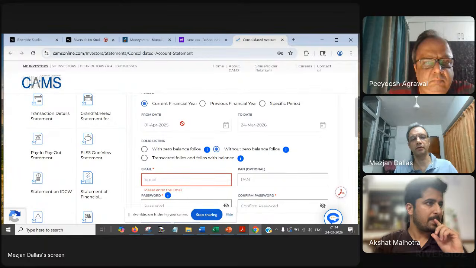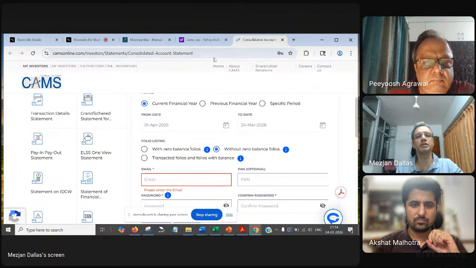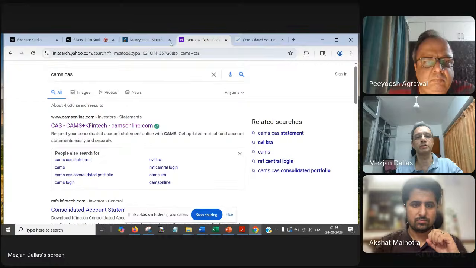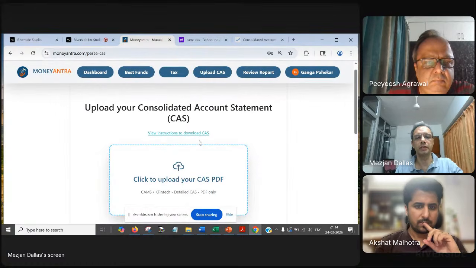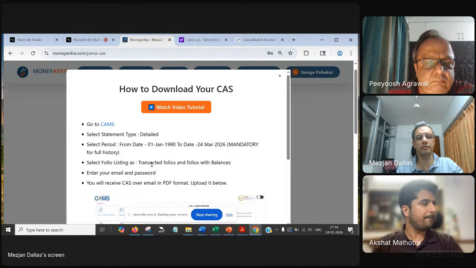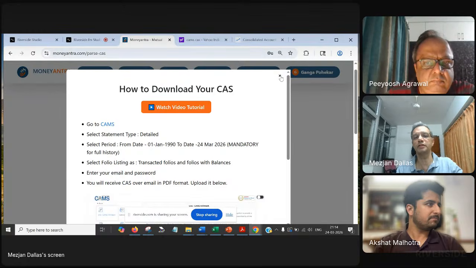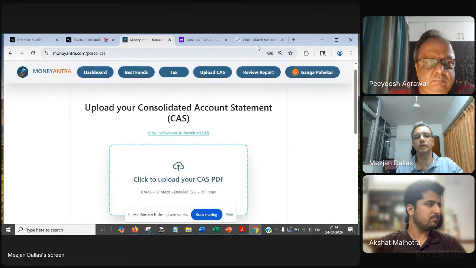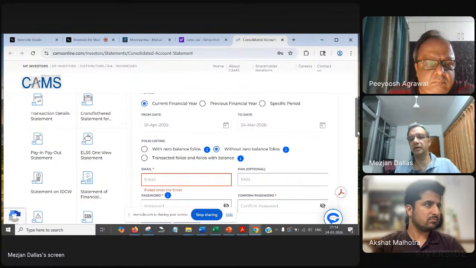If you look, view instructions to download CAS: select statement type detailed, select start date as 1st Jan 1990, folio listing, folios with zero balance, enter a password. So it gives you all the instructions. You just have to follow them and submit a request on the CAMS site.